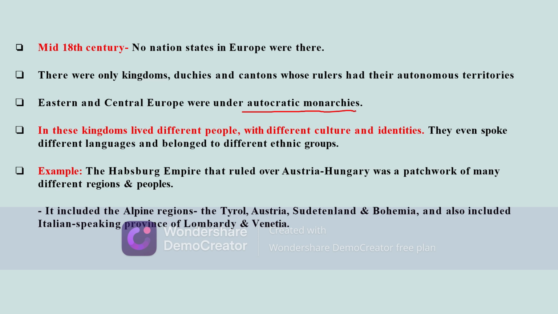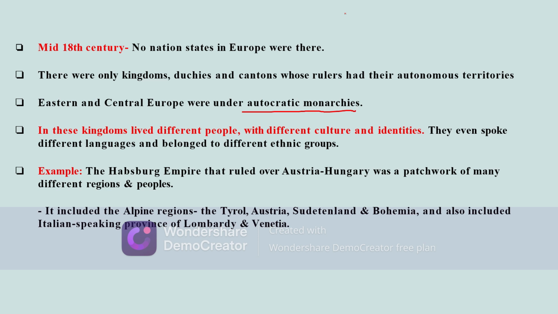The Habsburg Empire, for example, that ruled over the Austria Hungary region was a patchwork of many different regions and peoples. It included the Alpine regions, the Tyrol, Austria, Sudetenland, and Bohemia, and also included the Italian speaking provinces of Lombardy and Venetia. So, this can be asked as a 3 mark or 5 mark question.